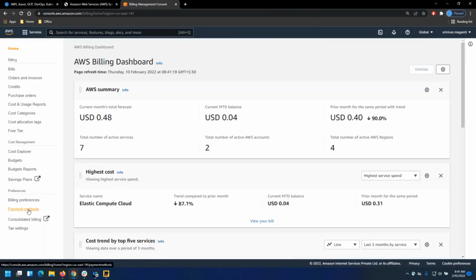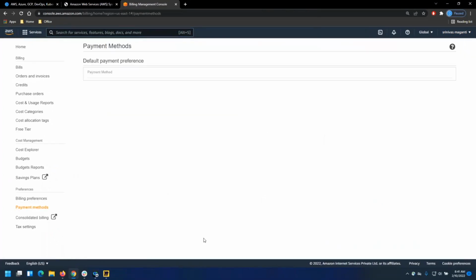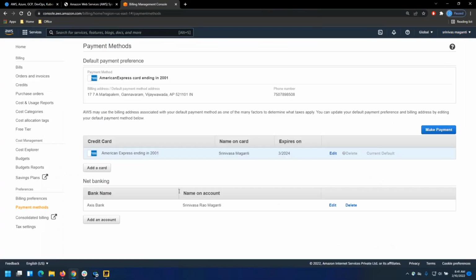Then payment methods. You can add your payment method here.